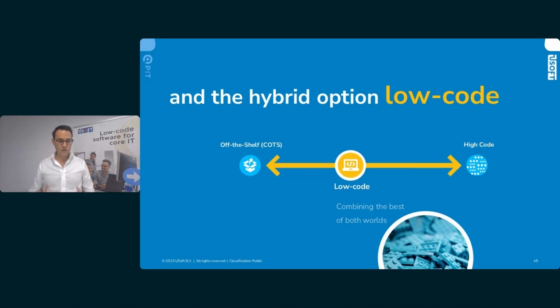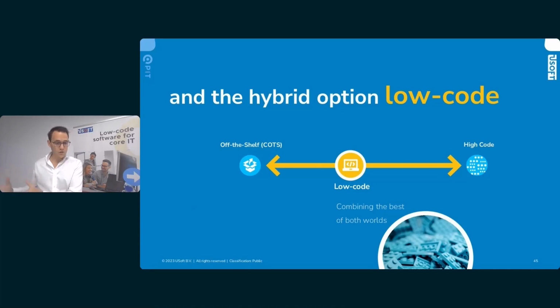So it helps you as an organization, as a user, to speed up the development process and simplify the maintenance of any software that you would like to develop. The interesting thing is that if you look at the different options, you can either use a standard solution, that could be an ERP or something related to finance or any other type of business process.